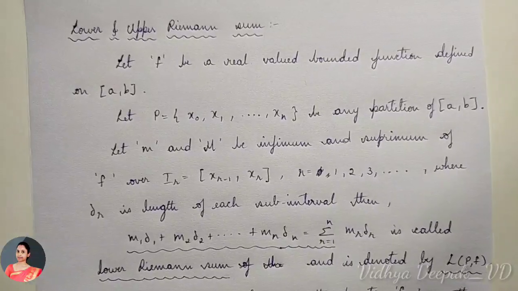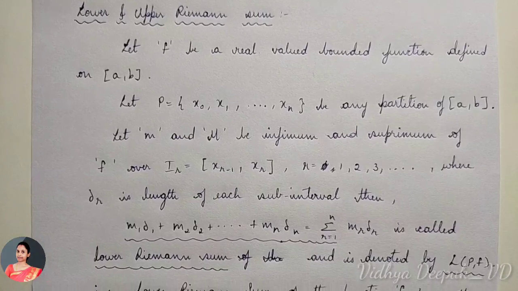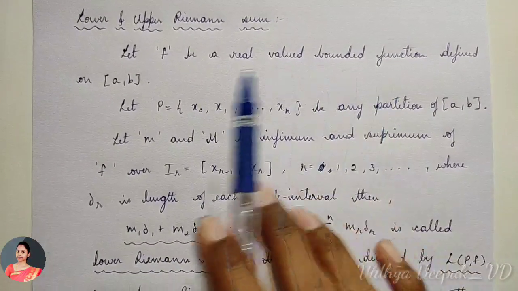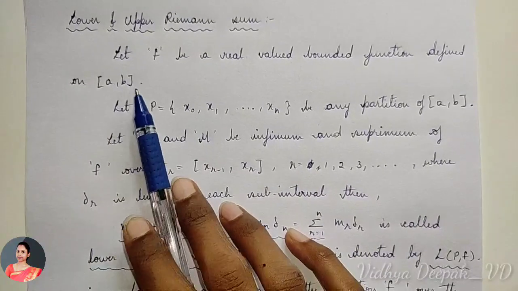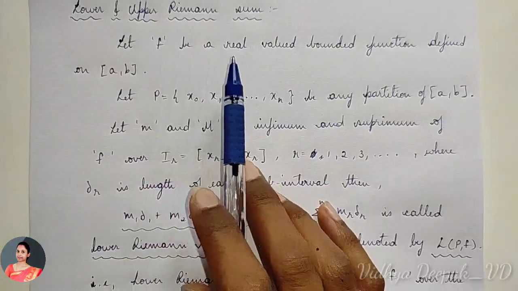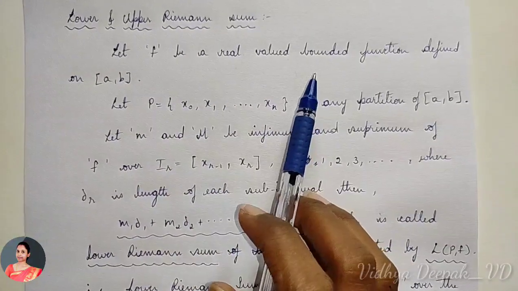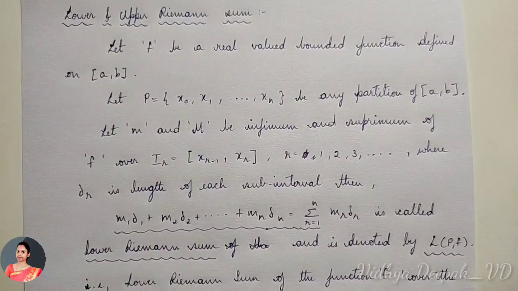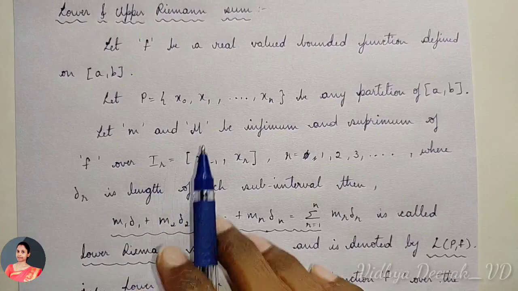Let's see what the lower and upper Riemann sums are. So let f be a real valued bounded function defined on the closed interval [a, b]. Here we have the partition P equal to x0, x1, ..., xn.